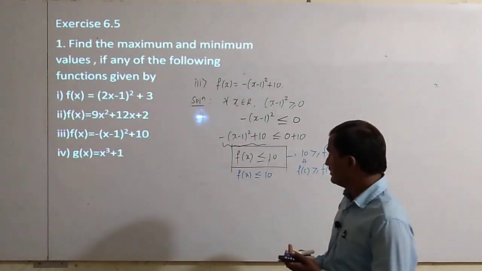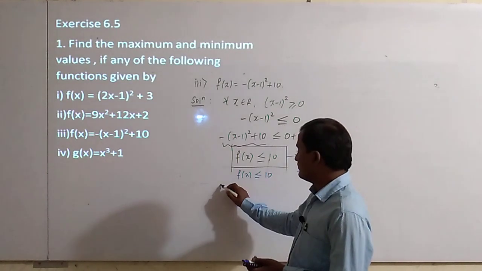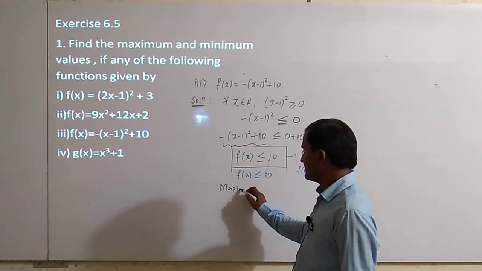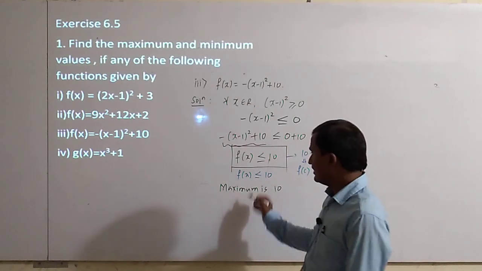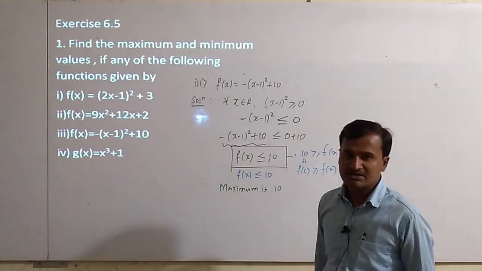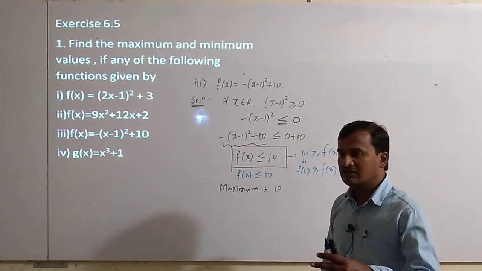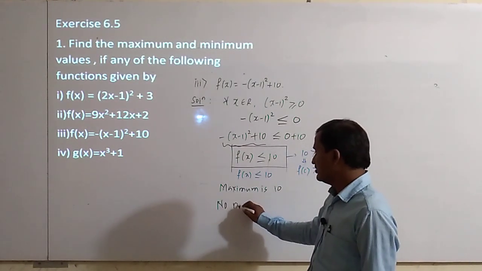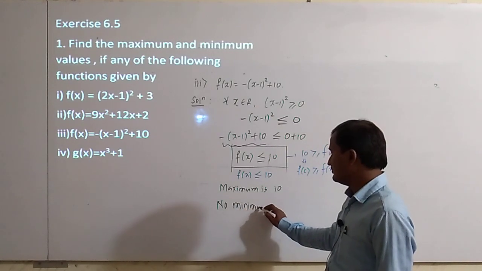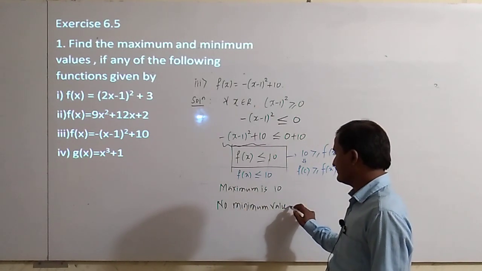Therefore what is the maximum value? Clearly the maximum is 10, and less than or equal to 10 means we are getting 9, 8, 7 like this. So clearly there is no minimum value. Is it right?